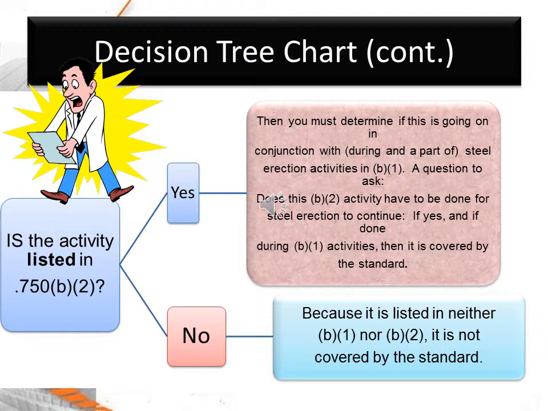A question to ask is, does this activity have to be done for steel erection to continue? If yes, and it must be done, then it is covered under the standard. If the answer is no to 750(b), then it is listed as neither a (b)(1) nor (b)(2) and is not covered by the standard.